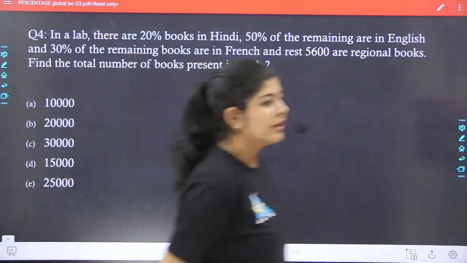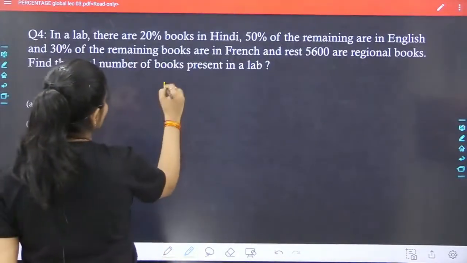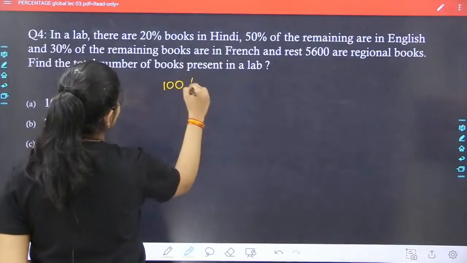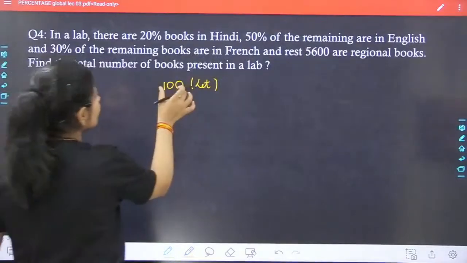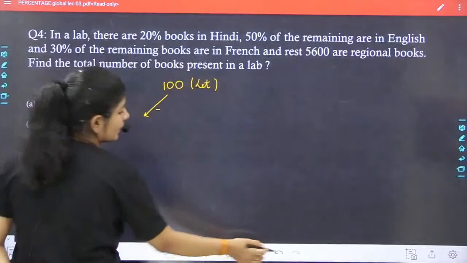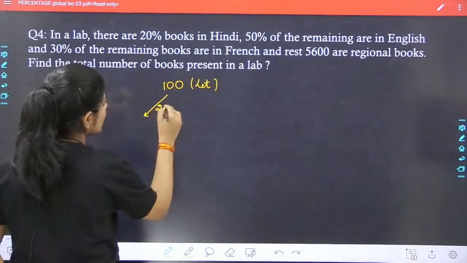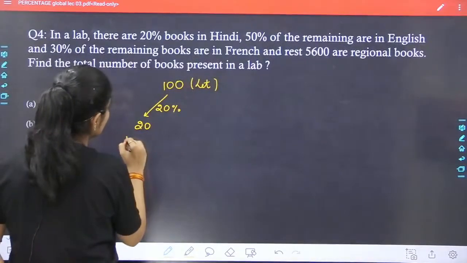Very good, Chatterjee. Let's see. Let's suppose I am having just 100 books in my lab. I just assume this value, right? Out of these 100 books, 20% of them, that means 20 books, are in Hindi.